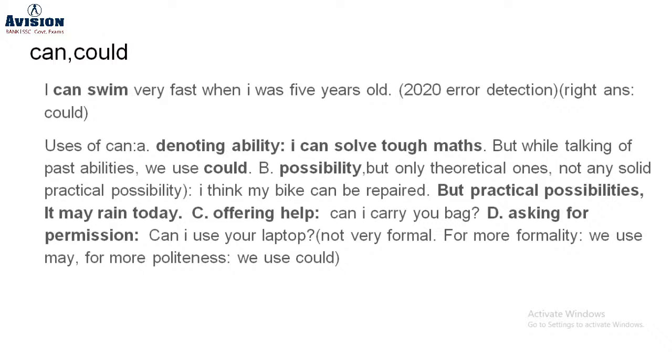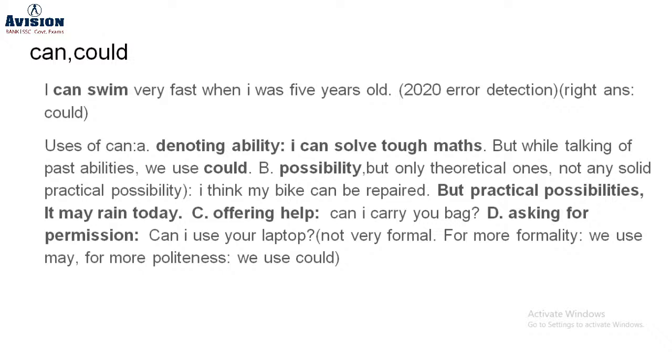For sitting in the exam, you need to score good marks and crack the exam, and for that you need to know the correct answer. And for this case, you just need to know these small rules. For practical possibilities, it is always better that we use may. Okay, it is grammatically more perfect that we use may. Can is only for normal possibility, no.